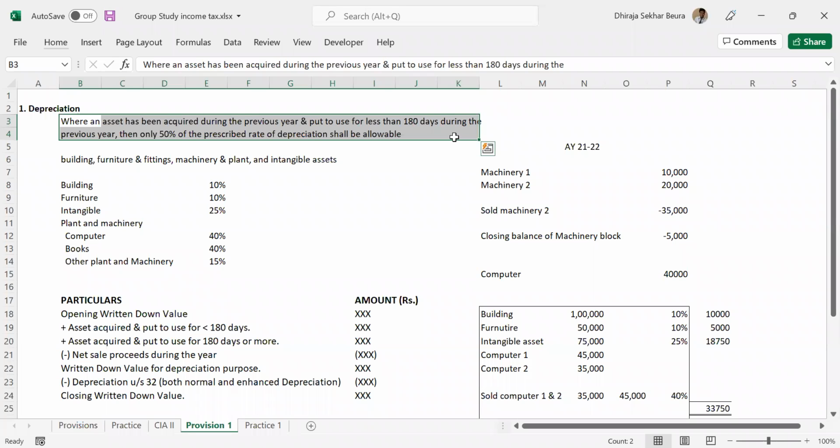Only for that first year, your depreciation will be half. What will happen in the next year? Normally, whatever happens. No half, full depreciation as usual. So the other half is completely waived off.